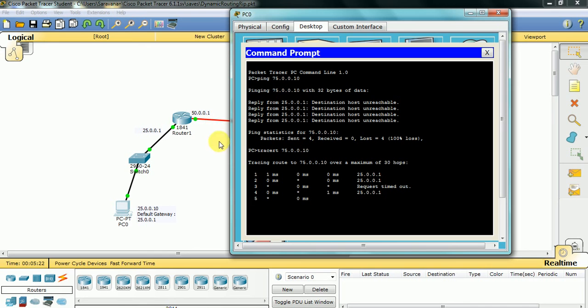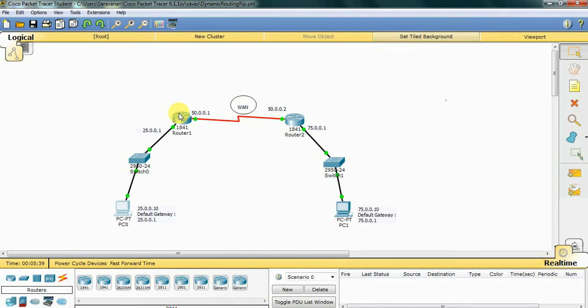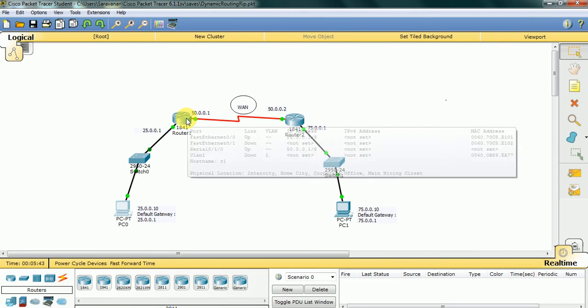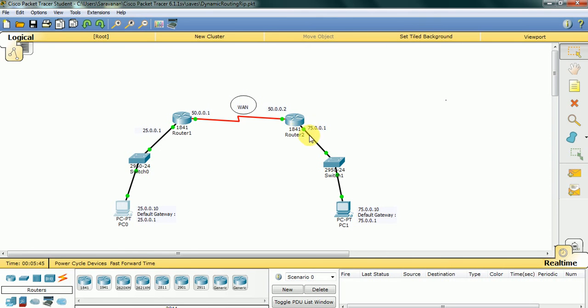The problem is this particular router has 25.0.0.1 assigned to this port and 50.0.0.1 assigned to this port. Up to this it could communicate, but the router does not have any idea about this 75 network.